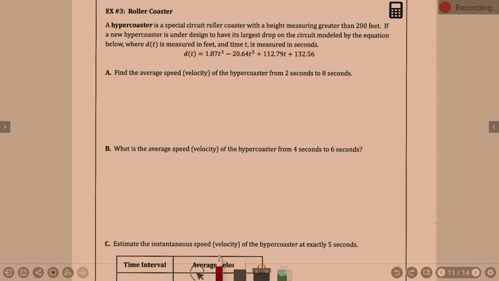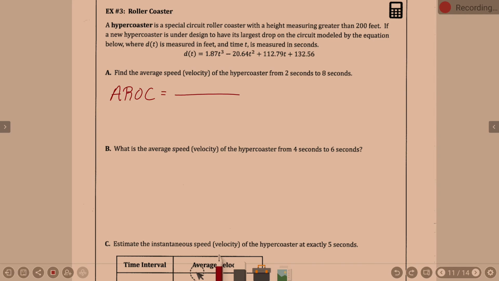I wouldn't think of it as two equations as much as just we're trying to find average speed or velocity. So how do we find average velocity? Change in distance over time. If I call it change in distance, how am I going to show that I'm finding change in distance?